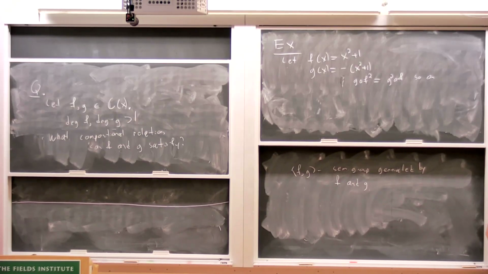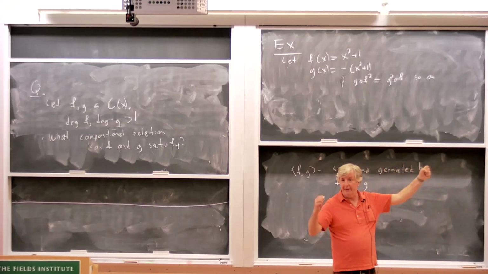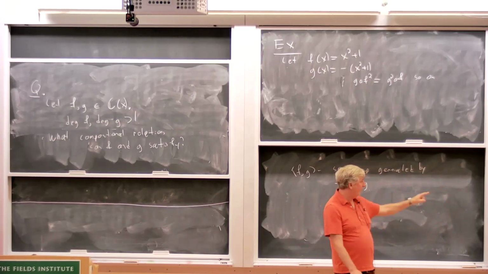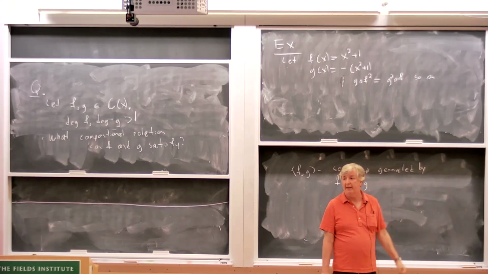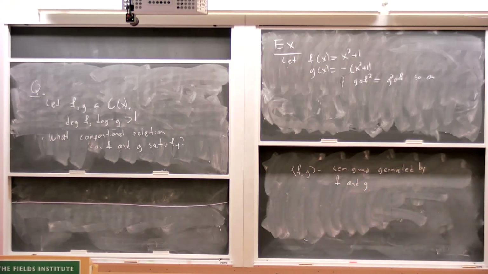So b depends on d? No, b does not depend on d. That's the whole point. b is independent of the degree. No matter what the degree is, it's the same. So b depends on f and g, not on d. Fix any d, and no matter what d is, this works with the same b.